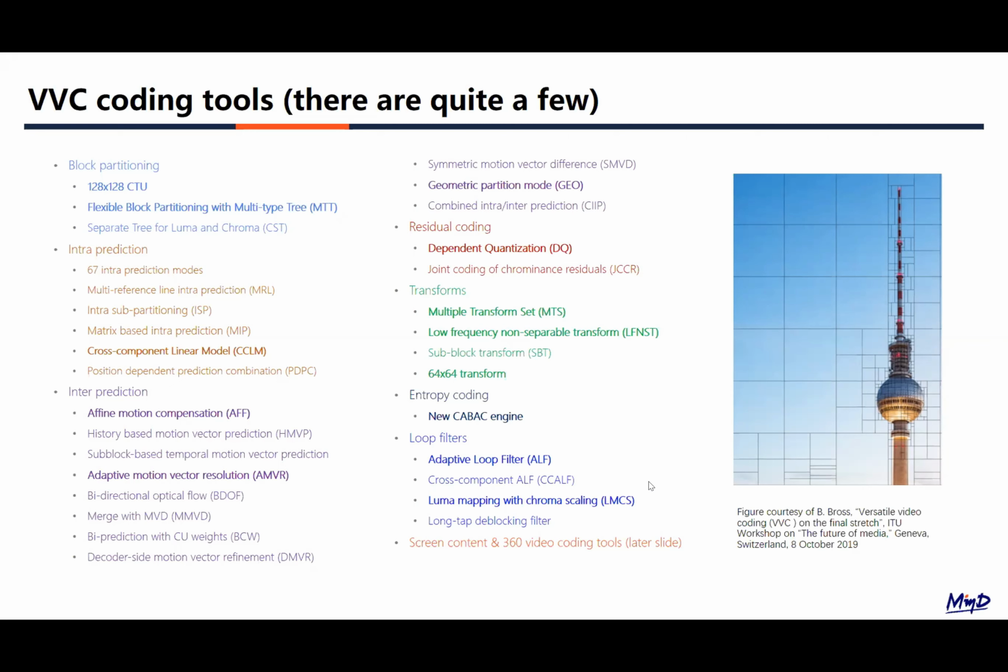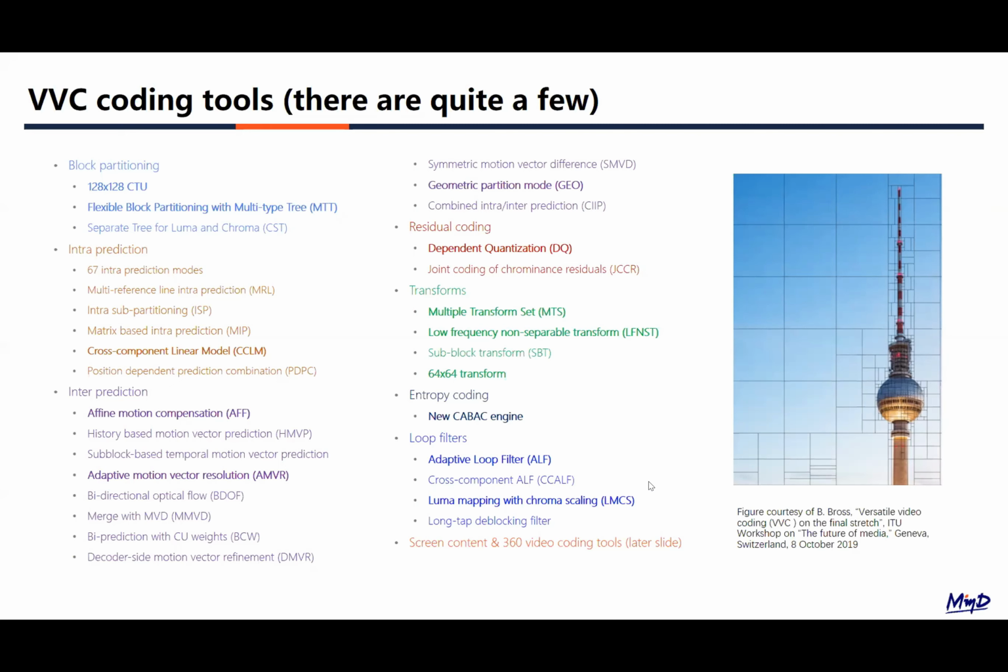In terms of residual coding, VVC supports dependent quantization, which is a flavor of trellis quantization, achieves very nice gains. Transform, besides the conventional DCT2, we have other core transforms based on DCT and DST, also a secondary transform, and transform size can be up to 64 by 64.